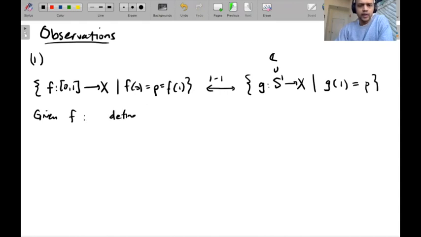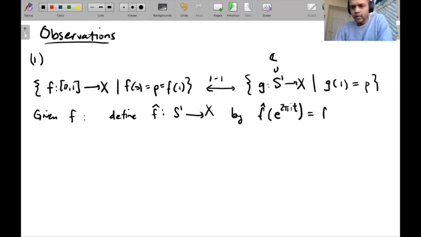Define g from S1 to X, which actually I'm going to call f hat, by f hat of e to the 2 pi i t is f of t for t in 0 to 1.